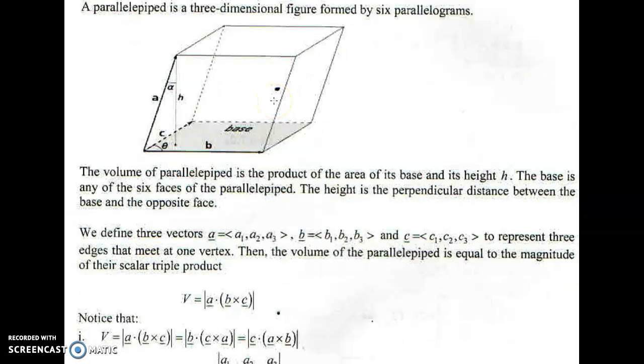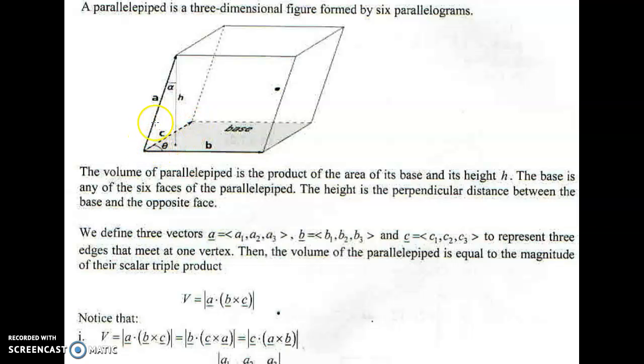In order for us to calculate the volume, first we need to define 3 vectors A, B, C, as you can see here, and these 3 vectors will represent the edges. By the way, all of these lines here are known as edges, and all of these points are known as vertices.